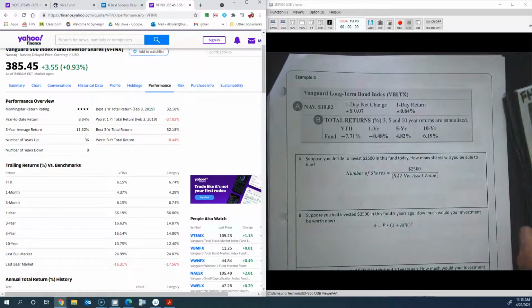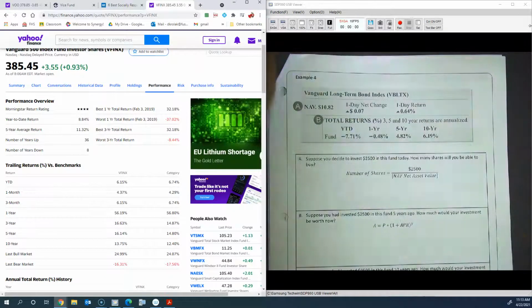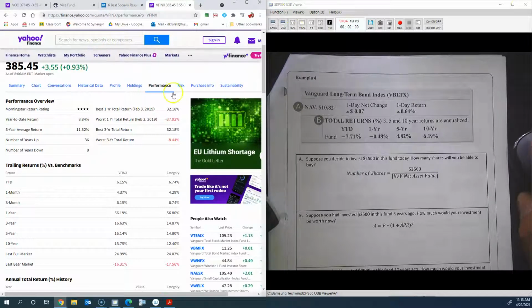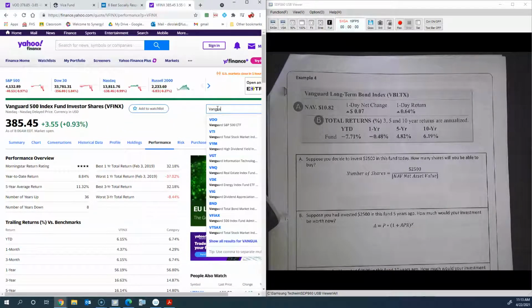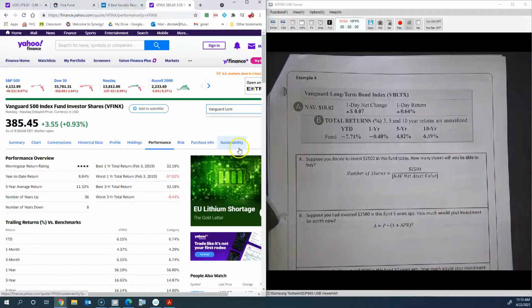All right. So here's another big mutual fund, the Vanguard Long-Term Bond Index. There it is.